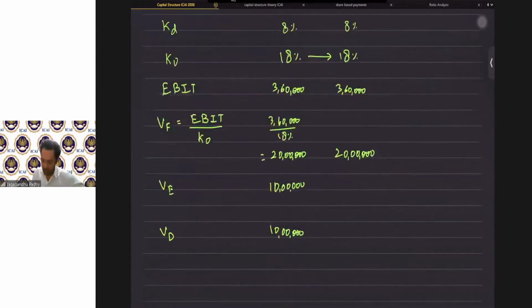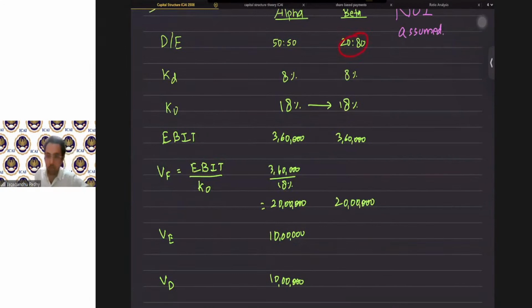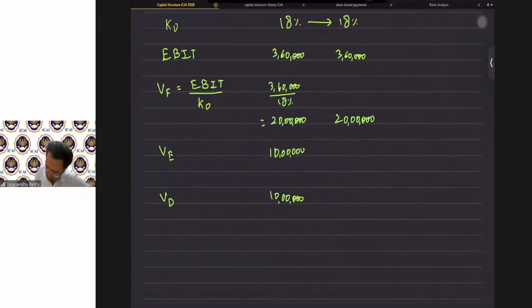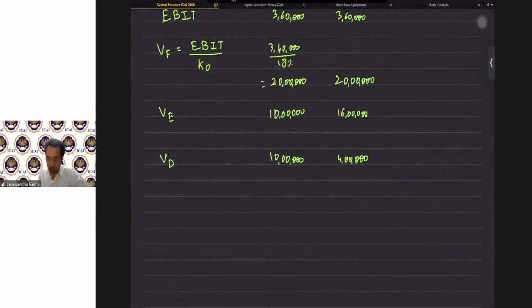With regards to Beta, the ratio is 20:80. So 80% is equity, which means 16 lakh is going to be the equity, whereas debt is going to be 4 lakh, which is just the 20% figure.